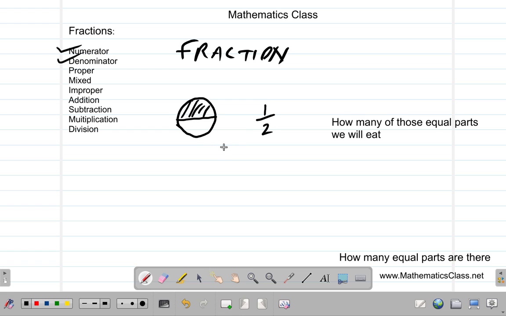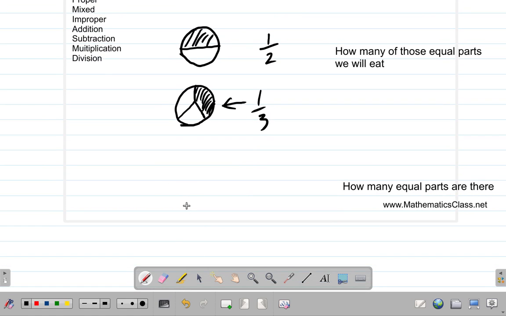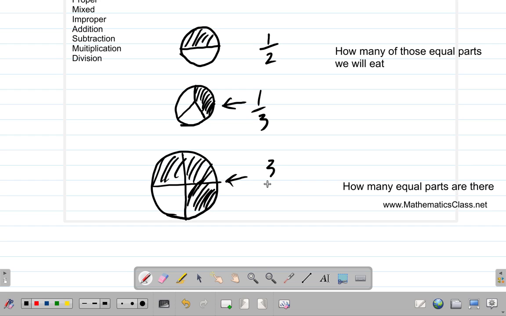Suppose you have another example. 3 equal parts. You cut this ruler up into 3, and you say this is 1 out of 3. Next, it could also be a case where you have 4 equal parts, and you're going to eat 3 of those equal parts. So this becomes 3 out of 4.